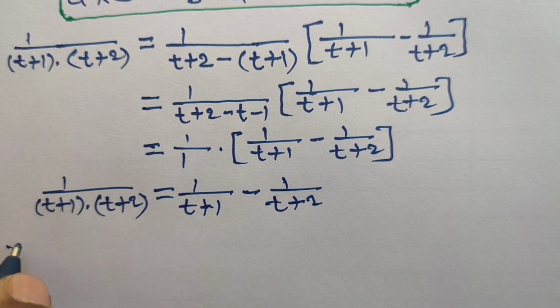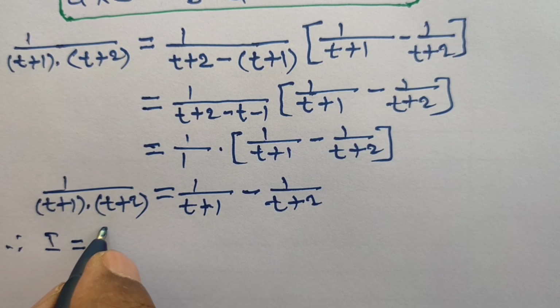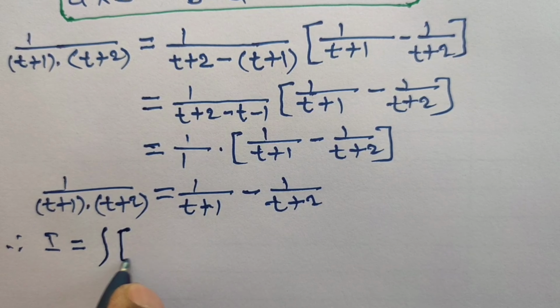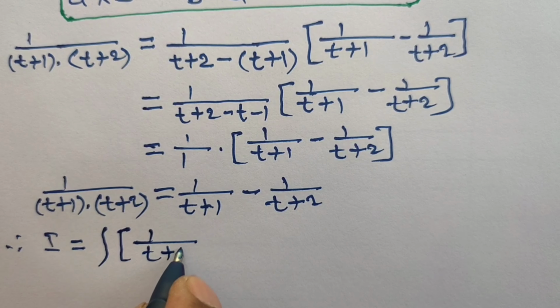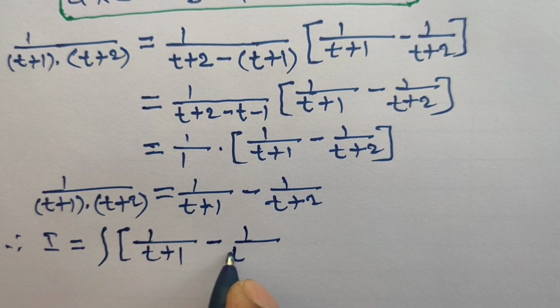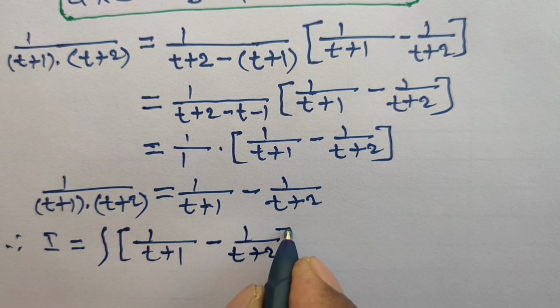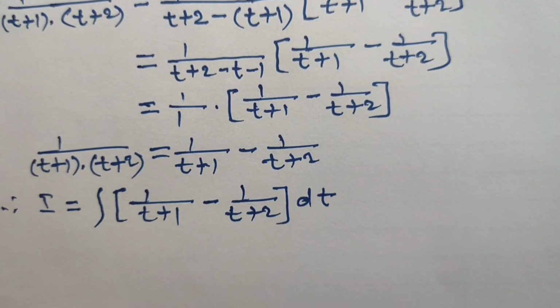Hence, the given integral I is equal to integral of (1 upon (t + 1) minus 1 upon (t + 2)) with respect to t.